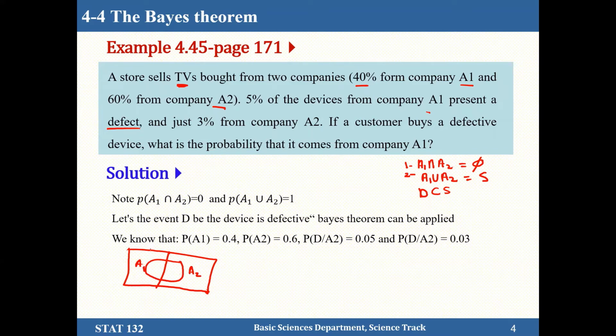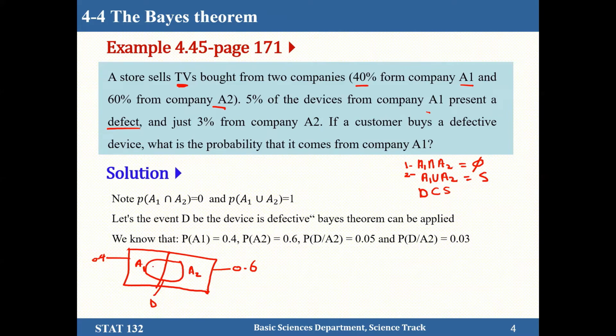So A1 is 40%, 0.4, and A2 is 0.6, and 0.6 plus 0.4 equals 1. So A1 union A2 equals S. Now we have this defective. Defective could be from A1 or from A2.